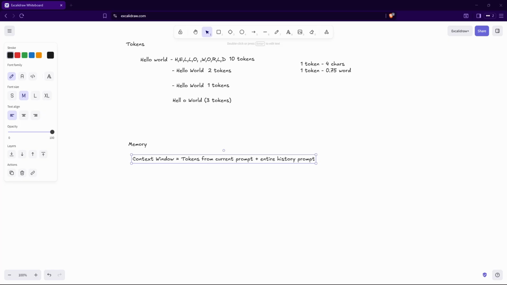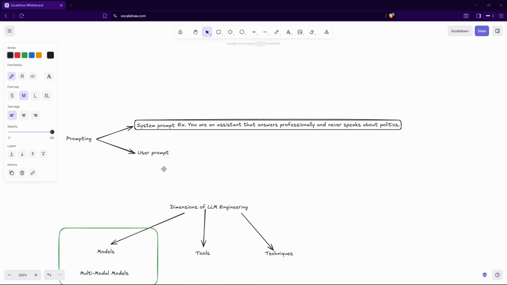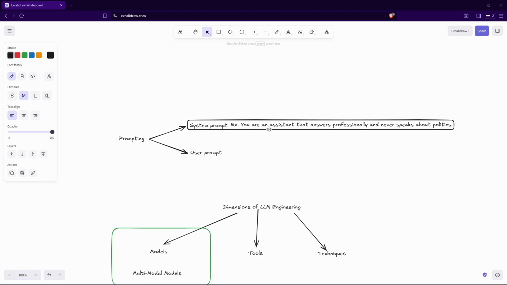Okay, and one other thing we saw, and this is now on day 5, is about prompting. Coming back to here, we have this system prompt, right?